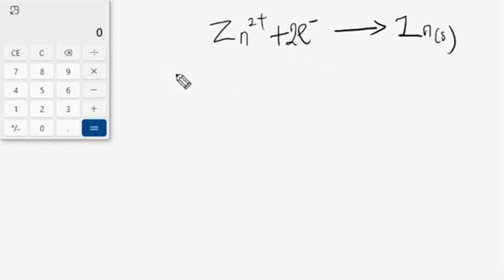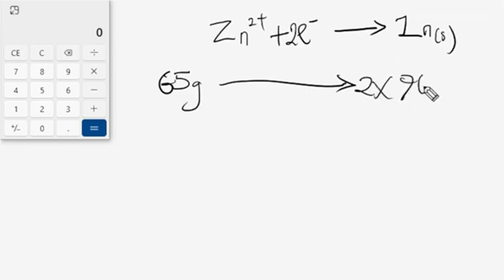So for each mole of zinc here, 1 mole of zinc will require 2 farads, and 1 mole of zinc is 65. That's the atomic mass of zinc. So it will require 2 times the Faraday's constant, that's 96,500.